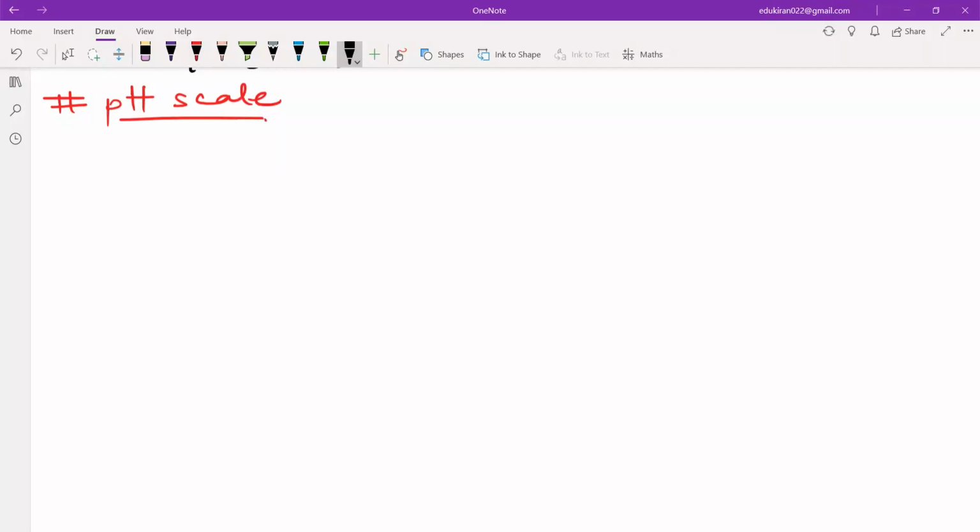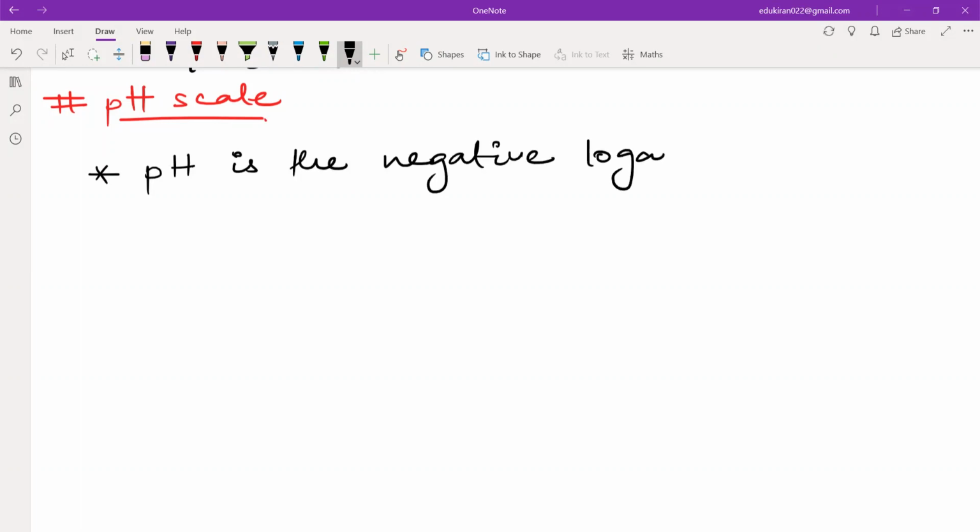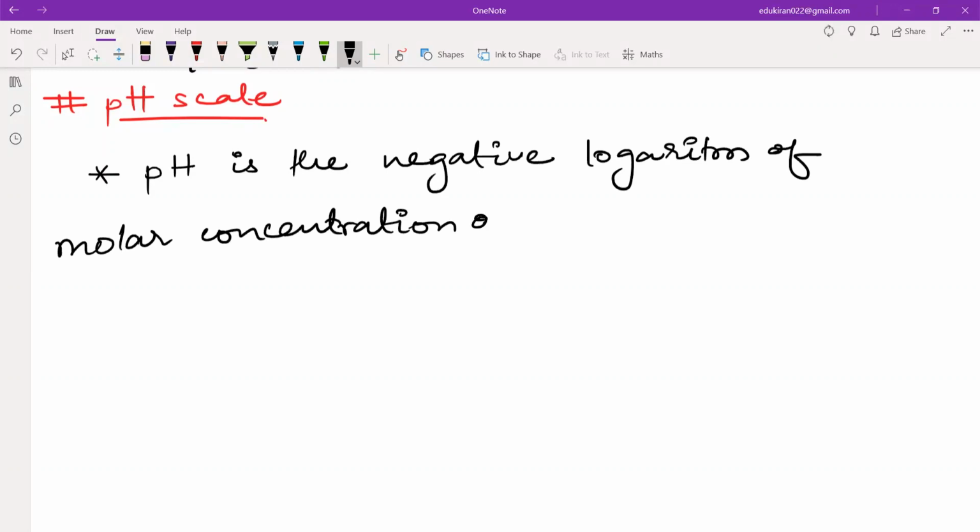pH scale. Okay. So what is pH? pH is the negative logarithm of molar concentration of H3O plus ions.